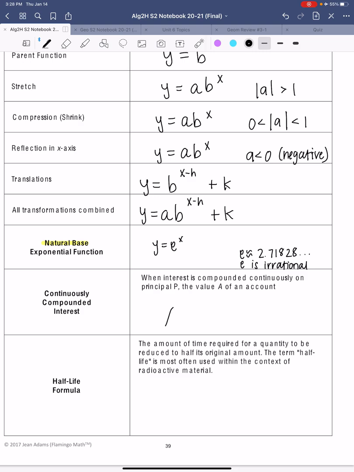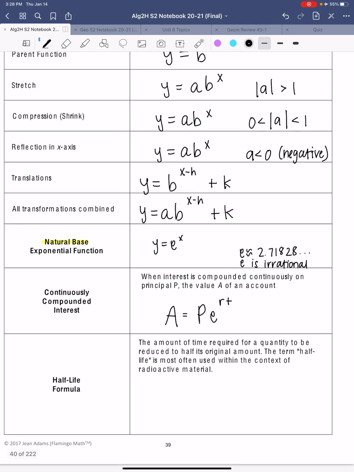So it goes A, which is the value in your account, equals P, your principal, times e, that natural base, raised to the rt. So I call it PERT. R stands for rate, t stands for time. So your total amount is equal to your principal times e, that 2.7, raised to the rate times time.